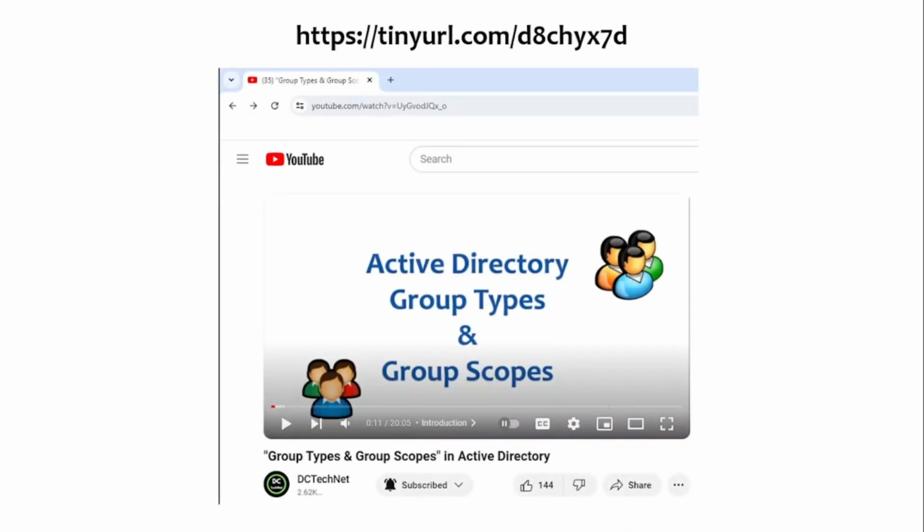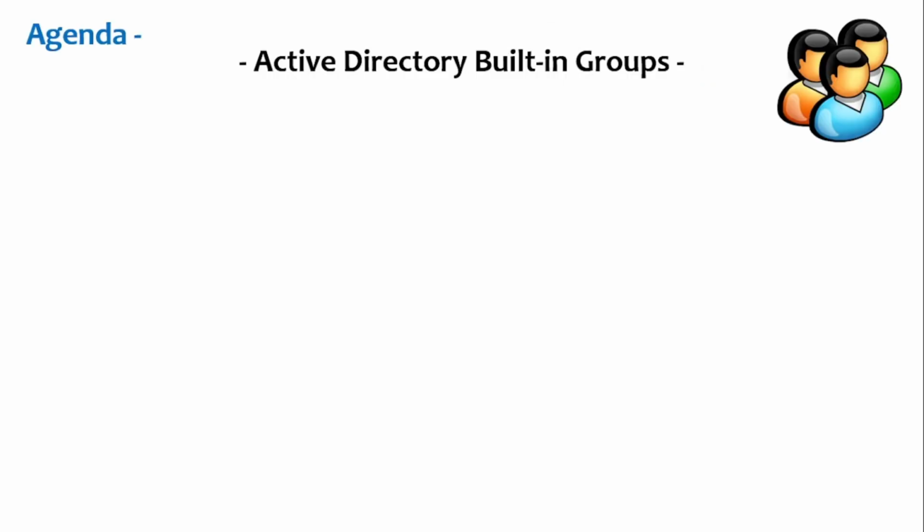We have a video on our channel on Active Directory group types and group scopes, so I'd recommend you watch that video before jumping in here. So let's get ahead.